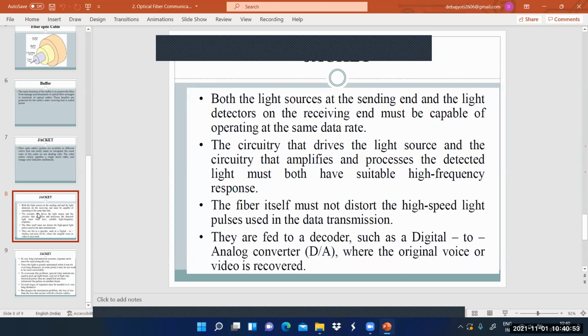For the case of optical detector, you may use the photo detector. Okay.